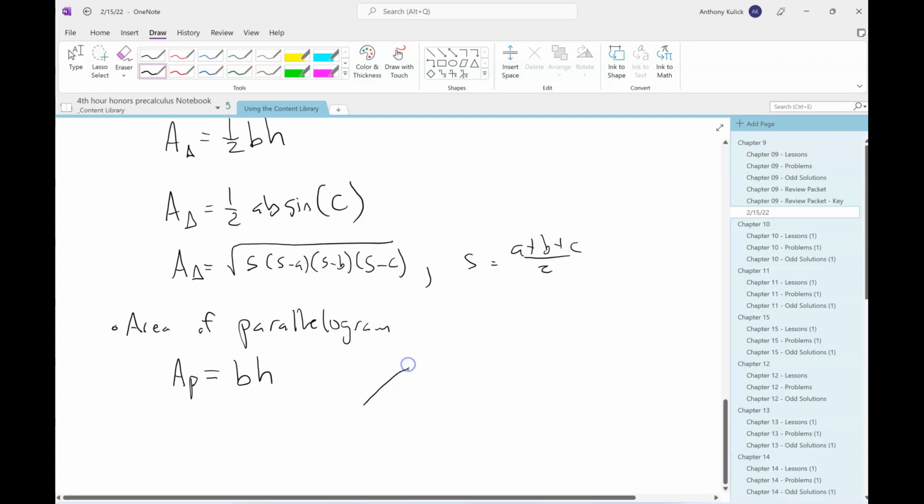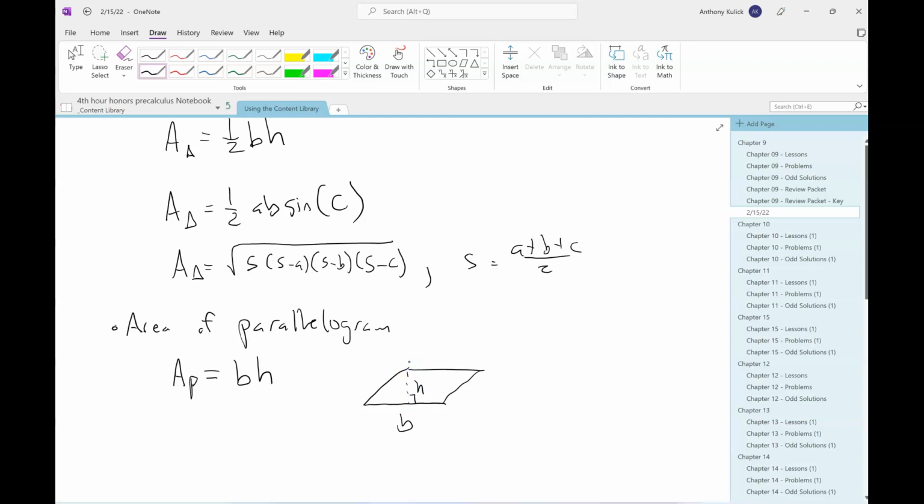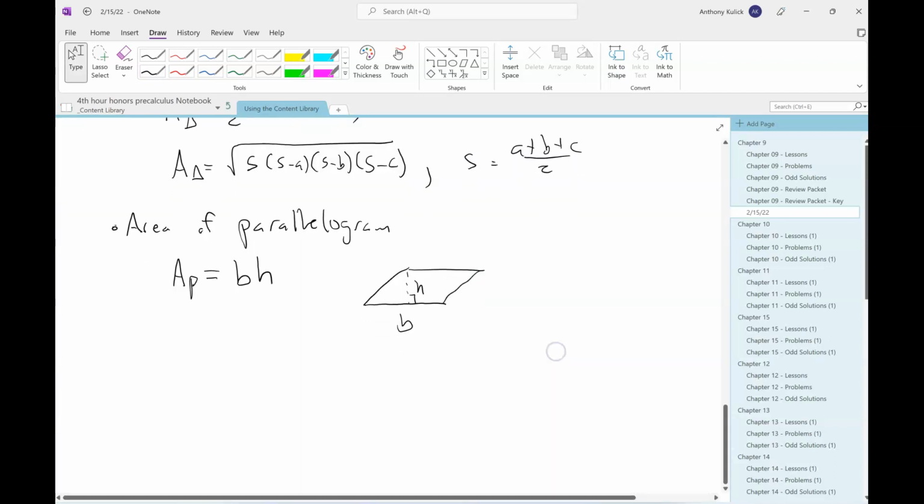What's the tricky thing about that, though? The height for your parallelogram is probably not a side length unless your parallelogram is like a square or rectangle. You guys remember that from geometry?